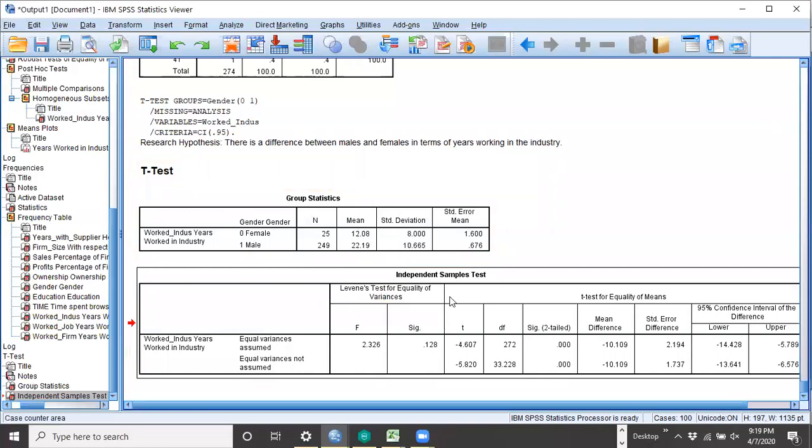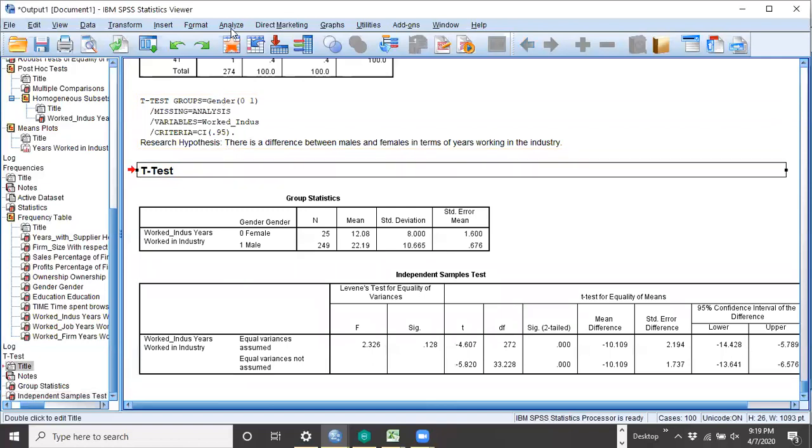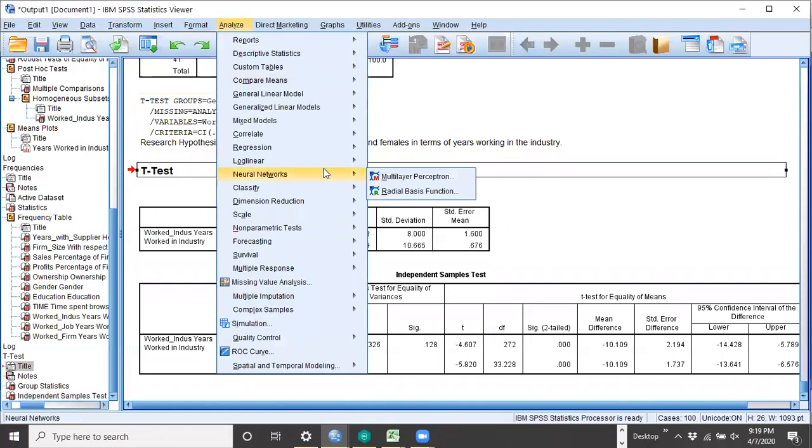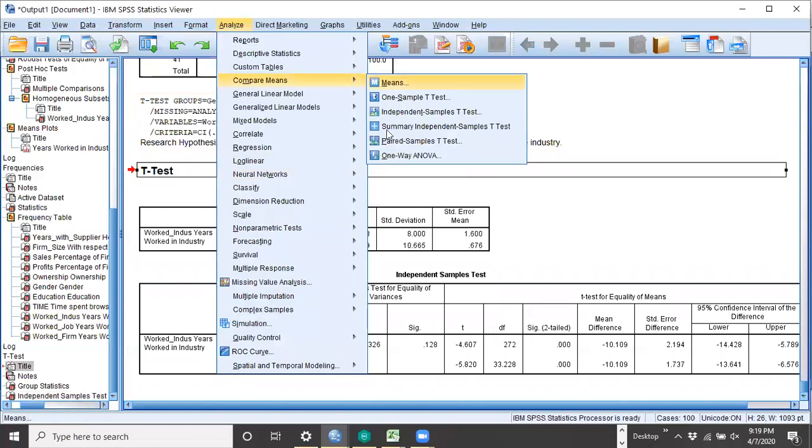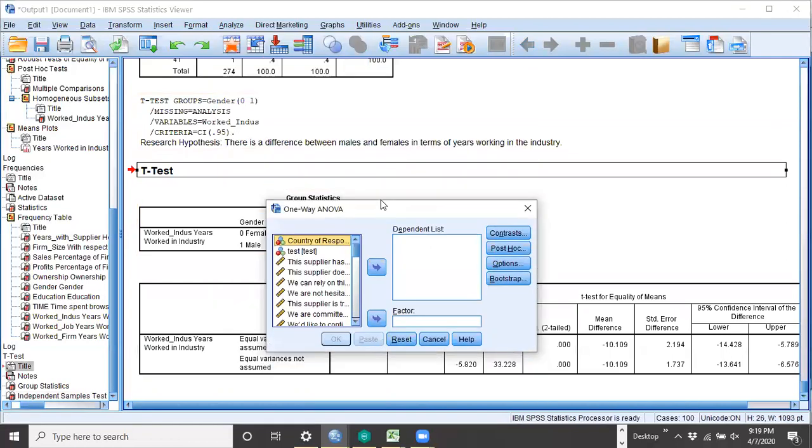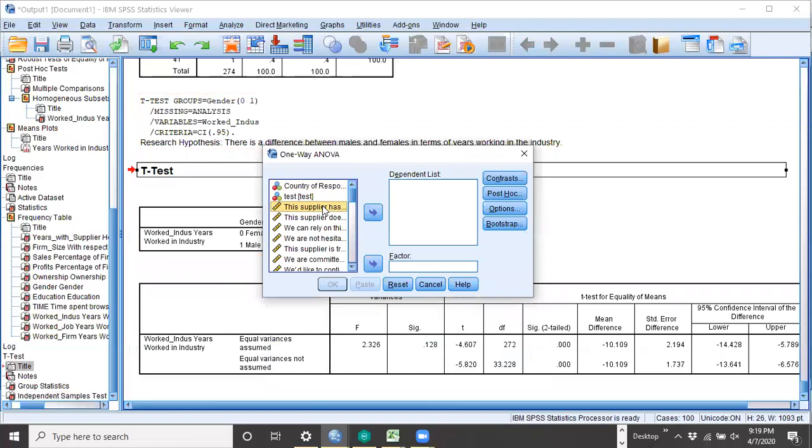Now let's look at Anova. So let's look at the same work in the industry, but let's do Anova real quick. Again, I assume you know how to run it or why you run it, so I'm going to be pretty quick on this.